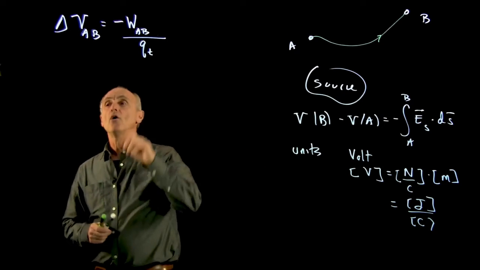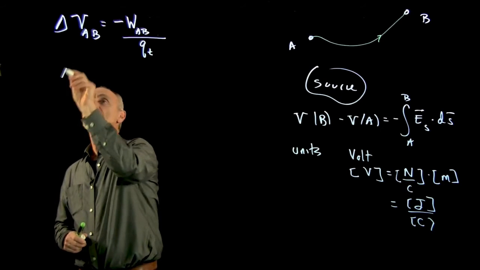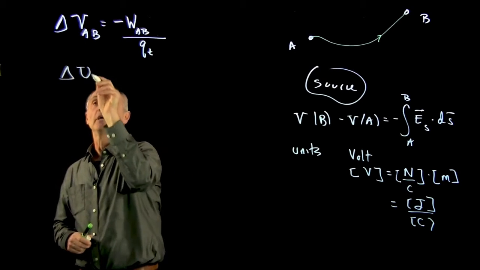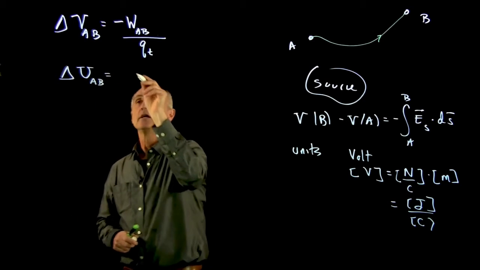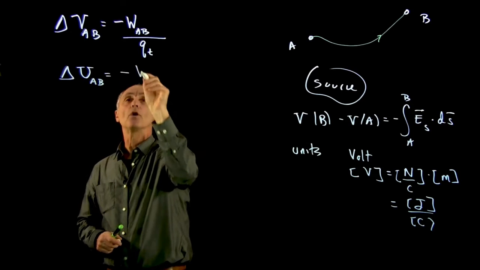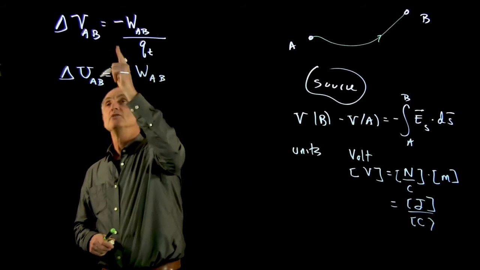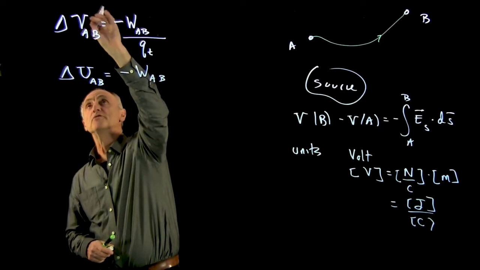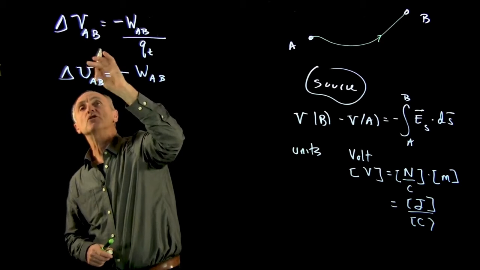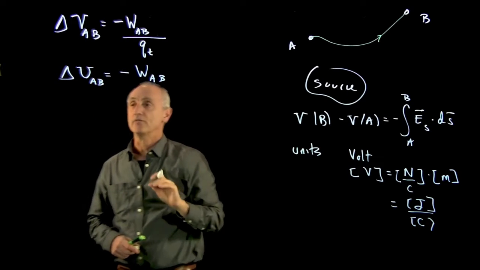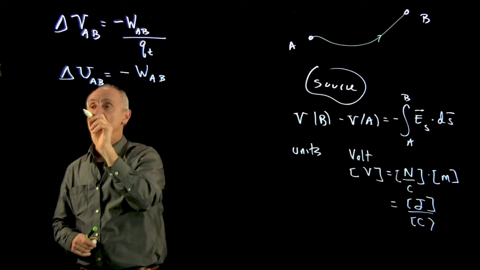And so we recall that the change in potential energy, UAB, is defined to be minus the work done in going from A to B by a force. Notice how this notation can be very confusing. We have a V for potential, and this should here be just a U. And that can often be confusing. So what we see is the relationship of these quantities.